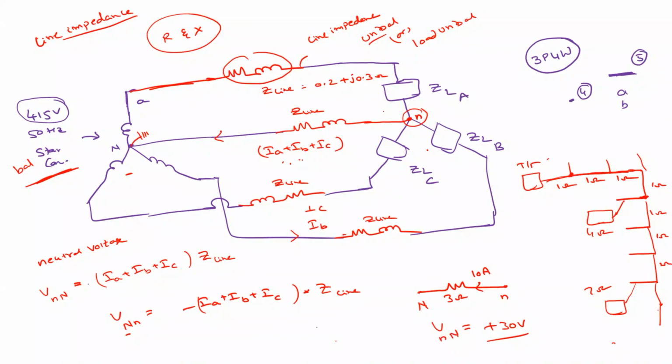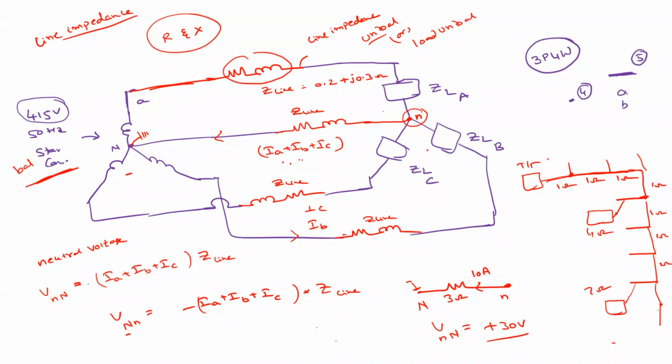So here this is at higher potential, because the current flows from higher potential to lower potential. So if you assume this is ground, then this voltage is 30 volts only. Clear? Will Z line be different for each branch?